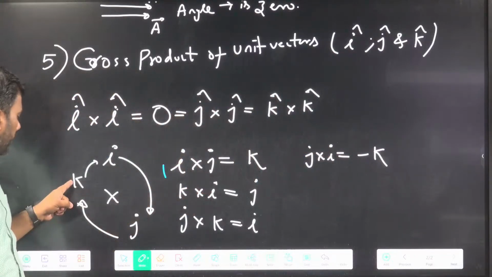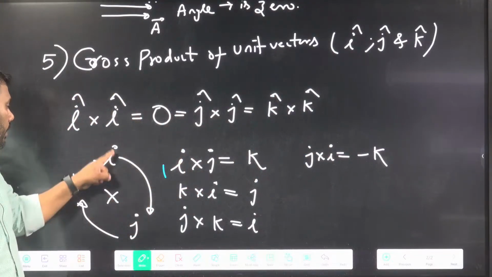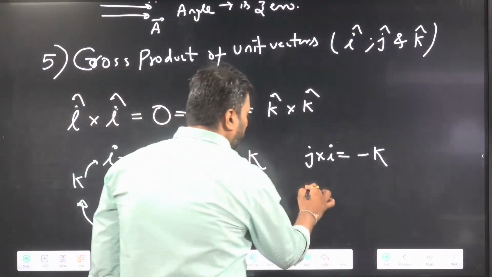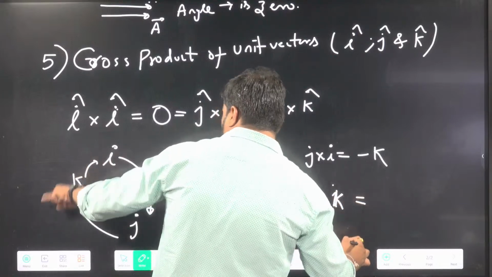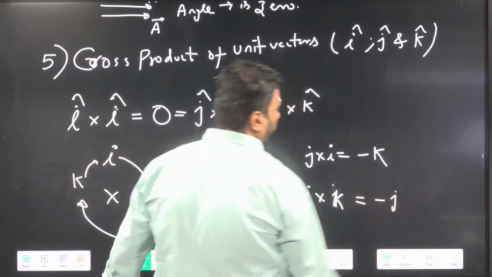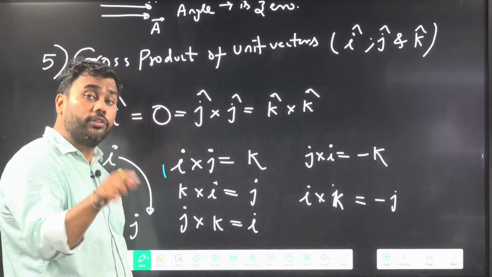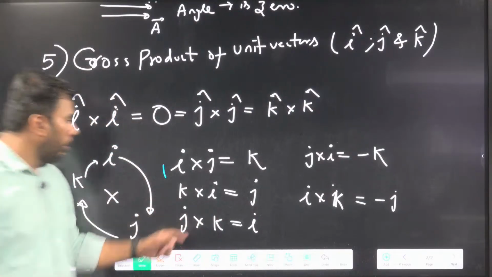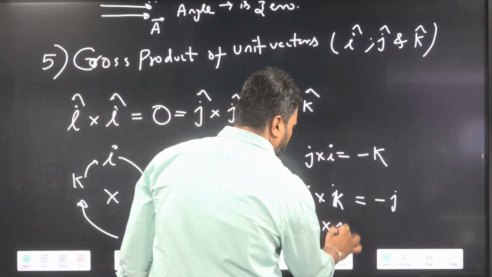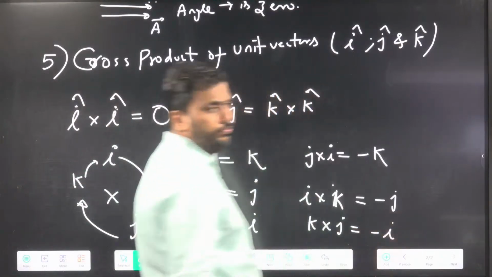Similarly, k cross i is plus j, but i cross k, going anti-clockwise, gives minus j. When you go clockwise, you get a positive result, but anti-clockwise, you get a negative result. Similarly, k cross j is minus i.